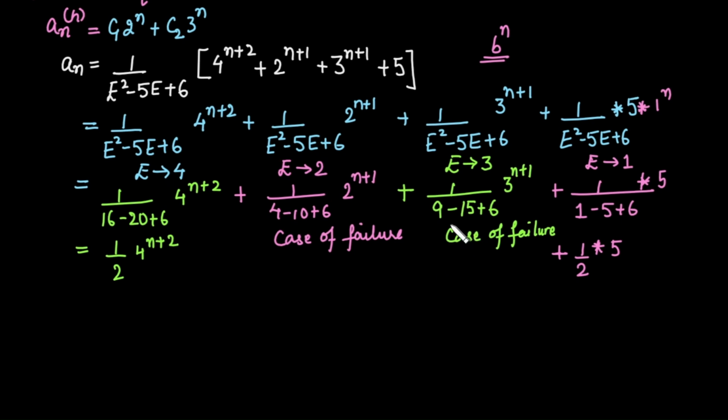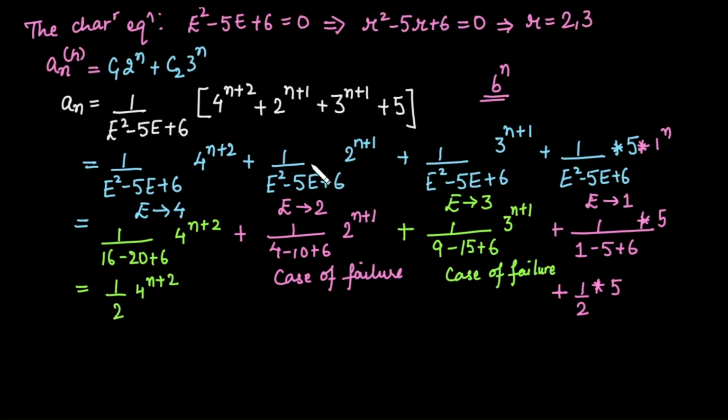Now what about these two cases? Whenever we are getting a case of failure, the first step is to rewrite this in the form of factors. As we can observe, from here we are getting the two roots, that is 2 and 3. It means this can be written as e minus 2 into e minus 3.